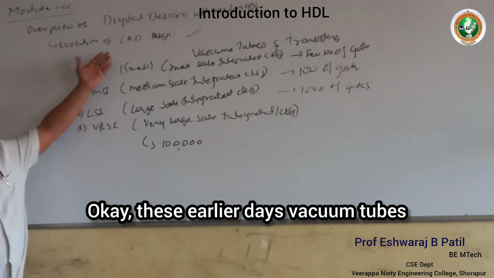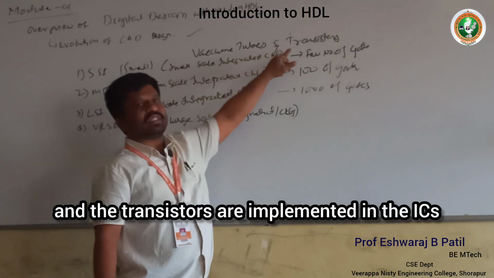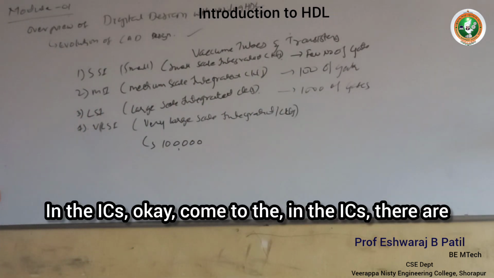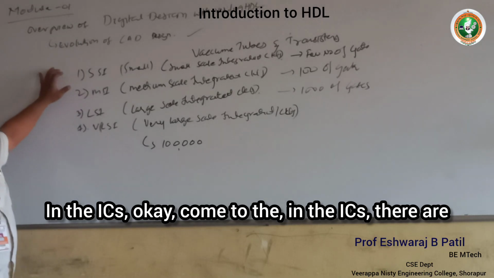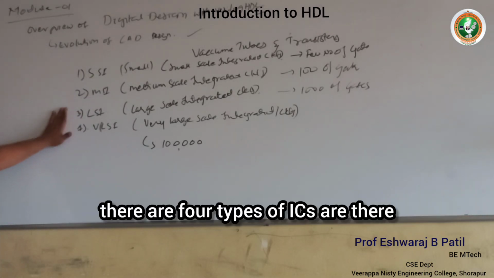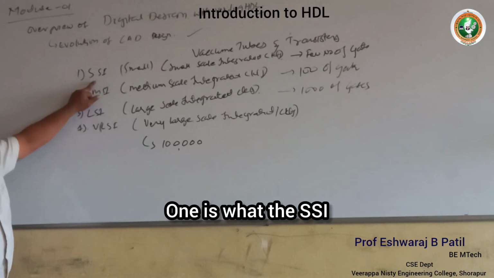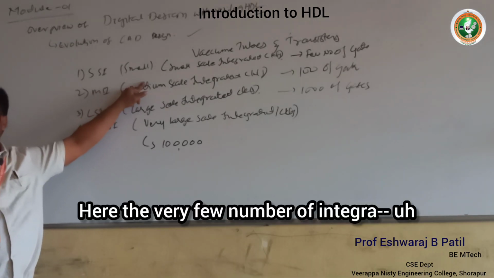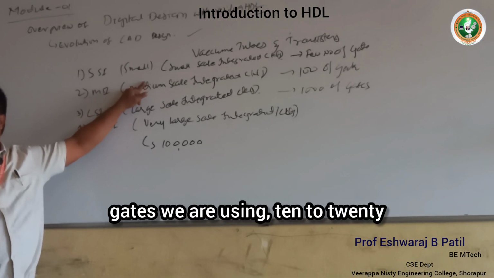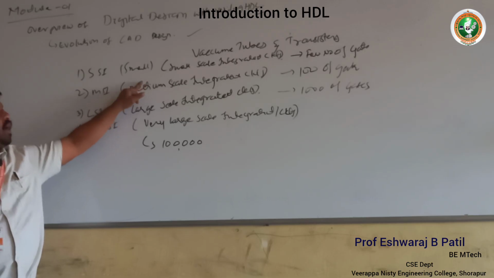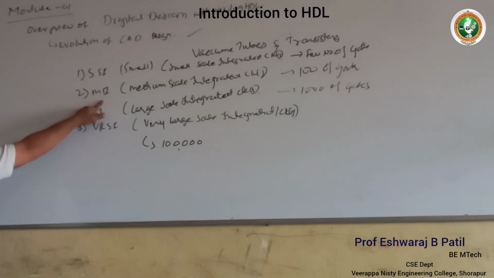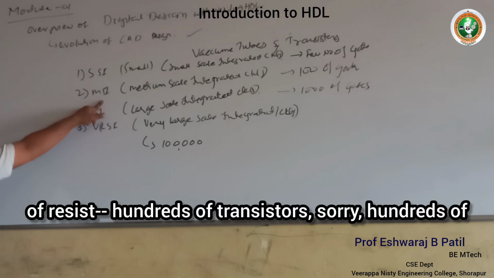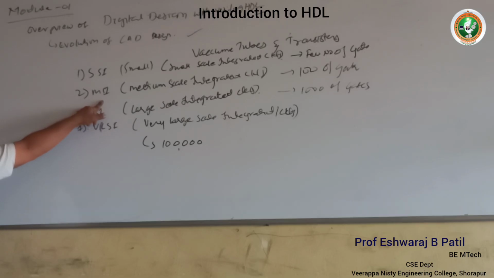These earlier vacuum tubes and transistors were implemented in ICs. There are four types of ICs. One is SSI, small scale integrated circuits, where we use very few gates, only 10 to 20. Then medium scale integrated circuits, MSI, where we use only hundreds of gates.